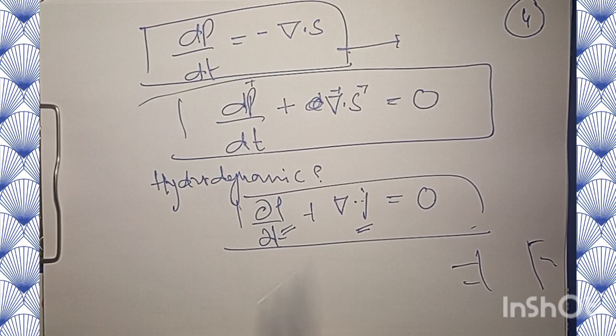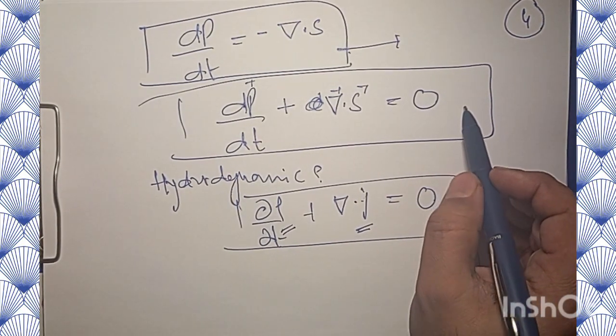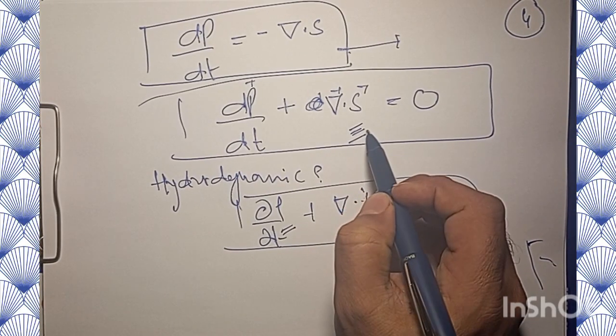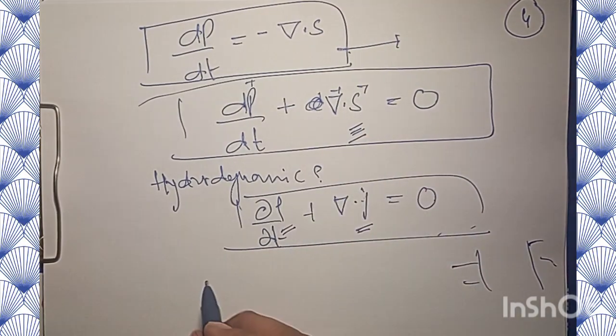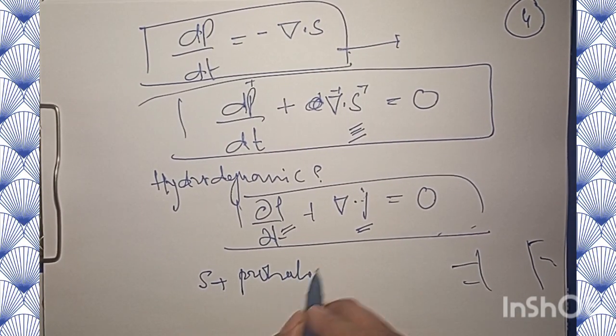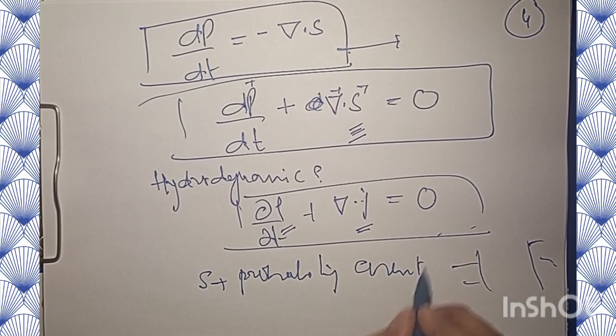It is quite reasonable to interpret the vector S that we have chosen here as the probability current density.